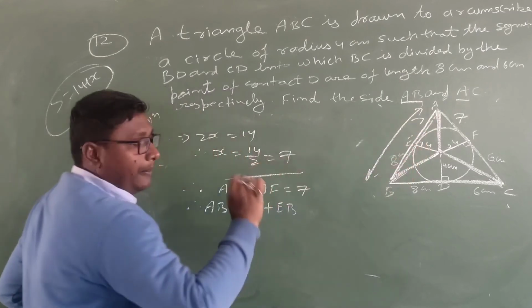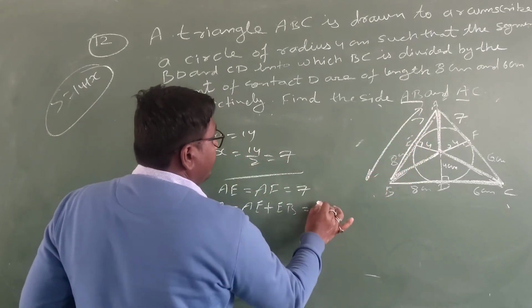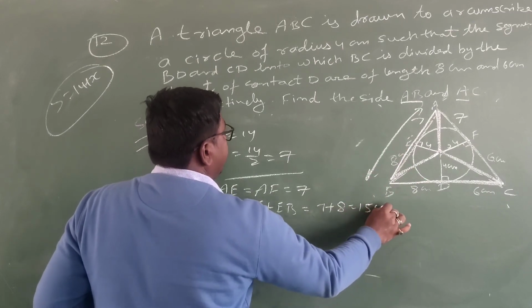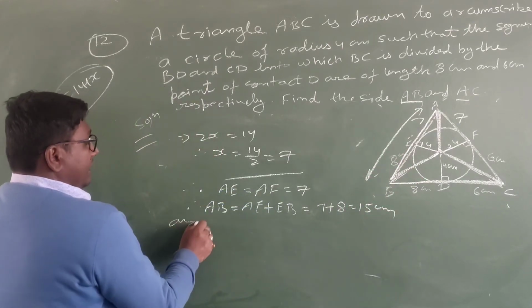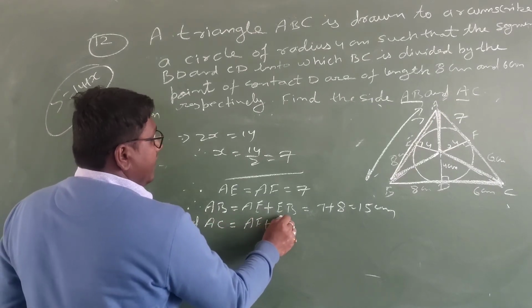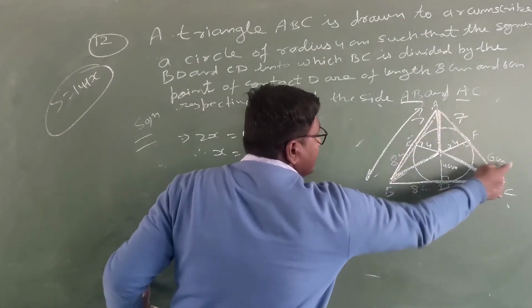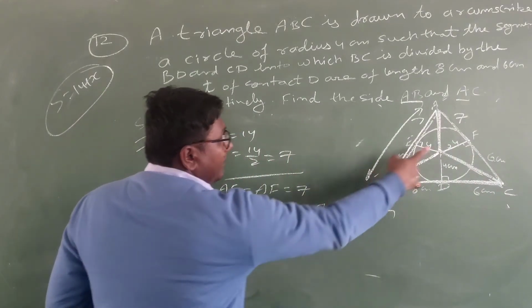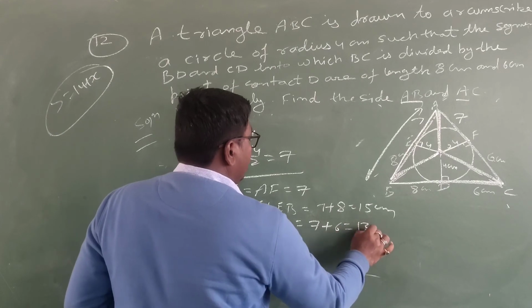AE will be 7 and EB is 8, so it will be 15 centimeter. And in the same way, AC can be written as AF plus FC. AF is 7 and FC is given, that is 6. So it will be 13 centimeter.